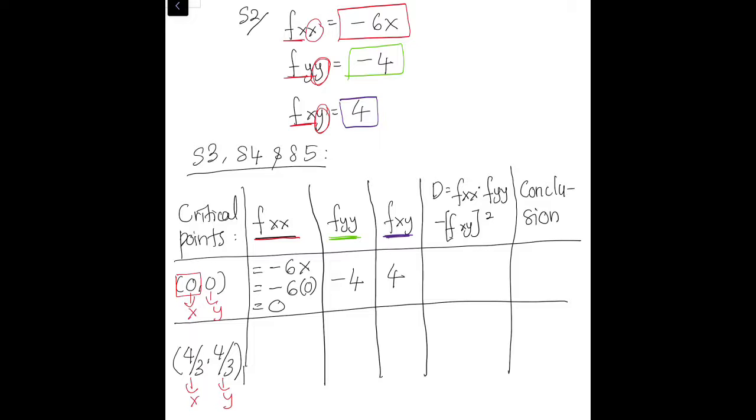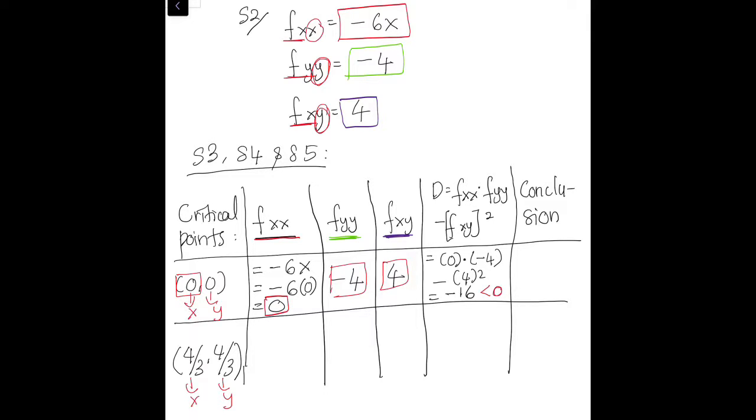And then calculate the discriminant. fxx, 0, times fyy, minus 4, minus fxy squared, so minus 4 squared. Calculating this, we get minus 16.